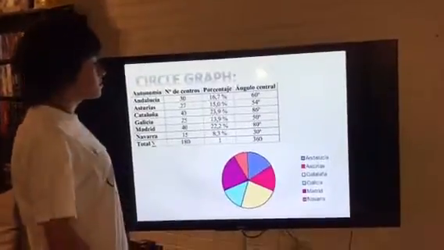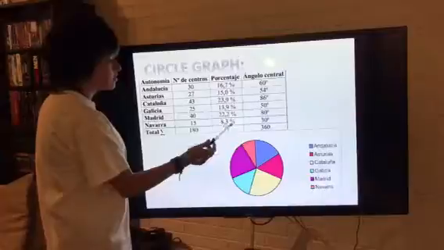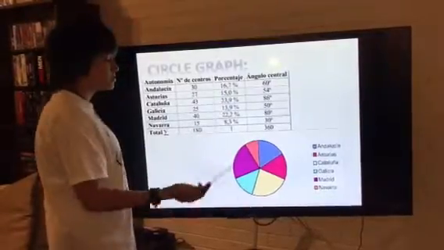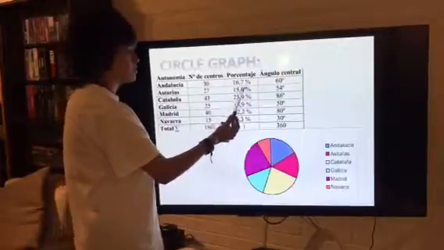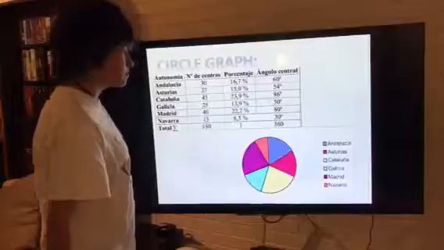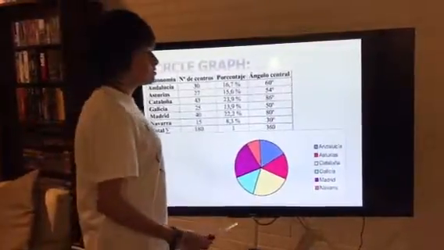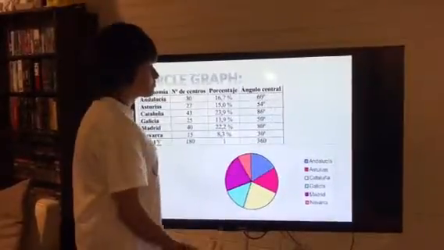So we multiply 30 by 100 and divide the result by 180, that is equal to 16.7%, and so on.